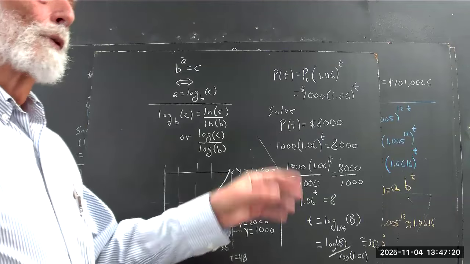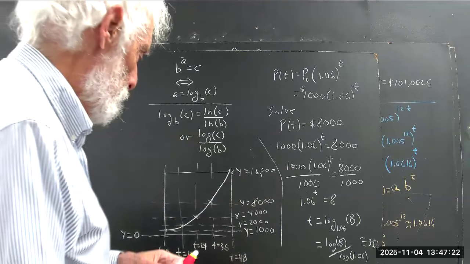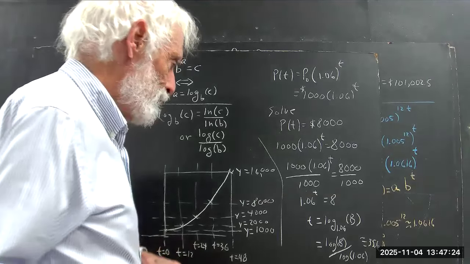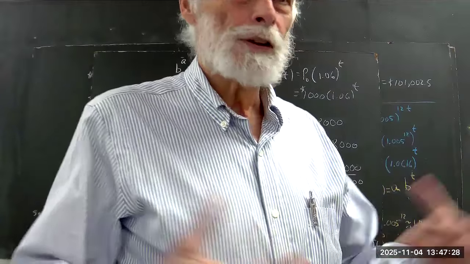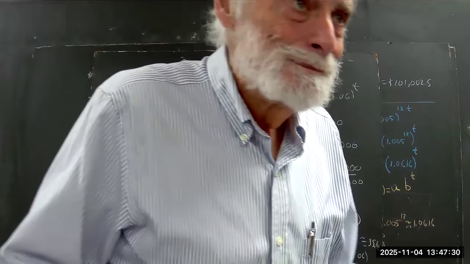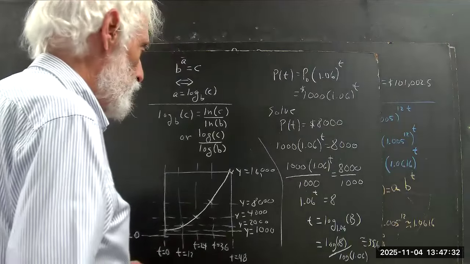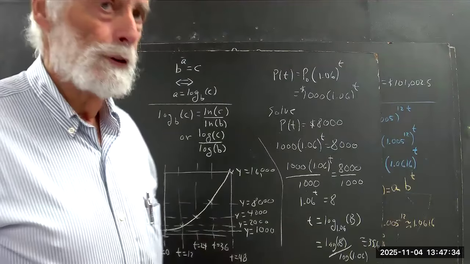That's the rule of 72. I think you're going to see that in open math. And again, it just says divide 72 by your interest rate. That tells you how long it takes to double. All right, so you get the general idea of how we can use logs.